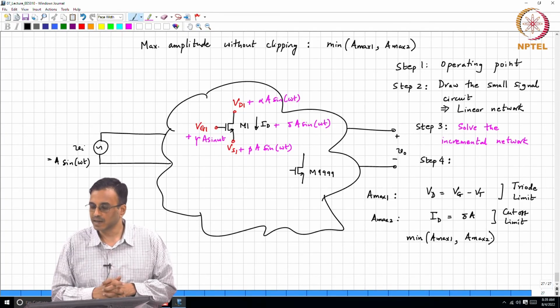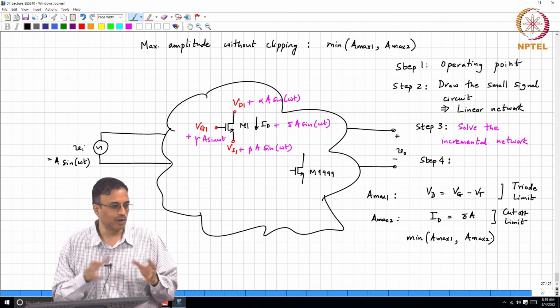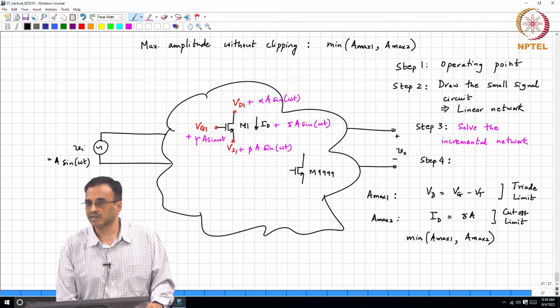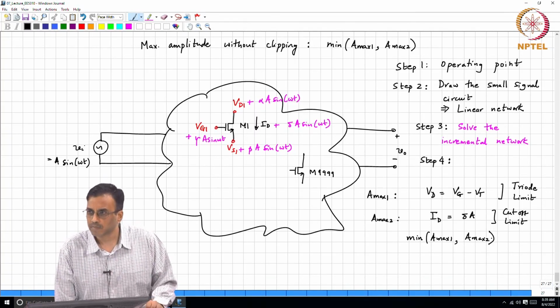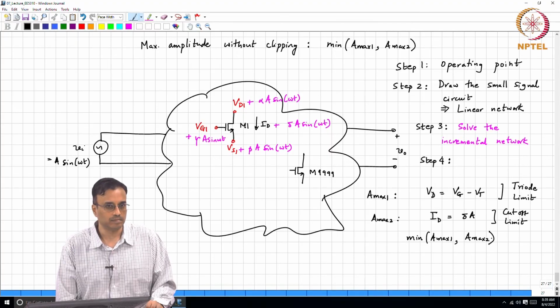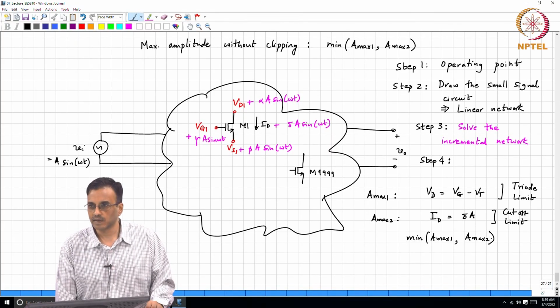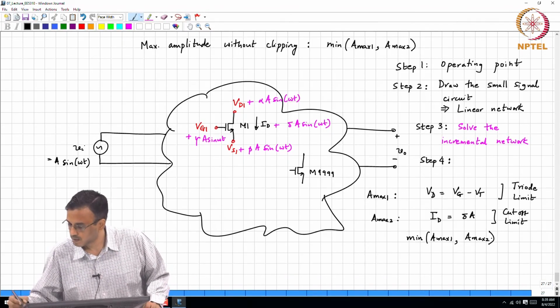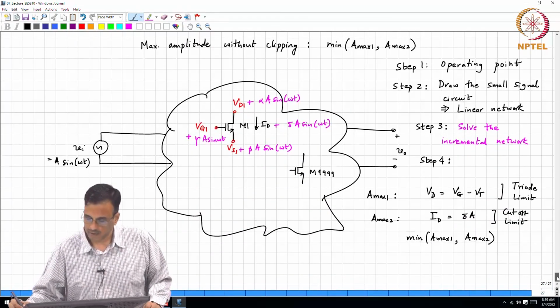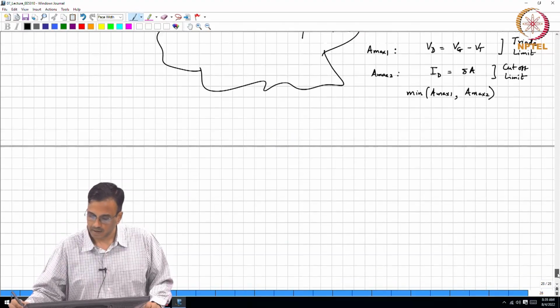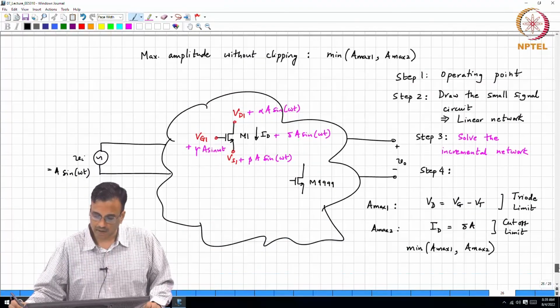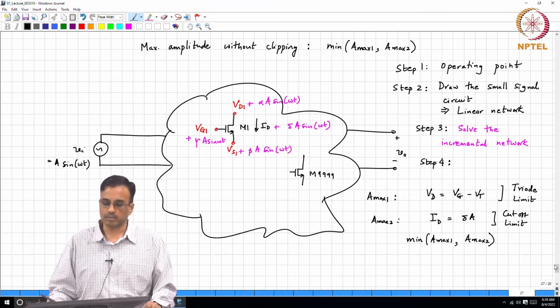And finally, swing limits will only be governed by 1 or 2 transistors, and those are the transistors that you have to look at very carefully. Does it make sense? All right. So, that was the stuff about swing.